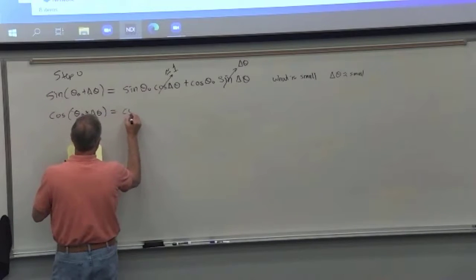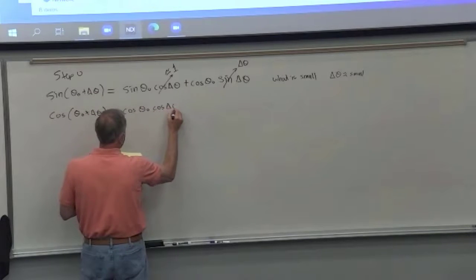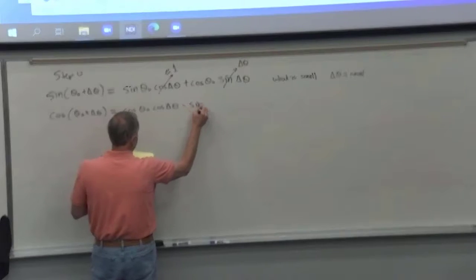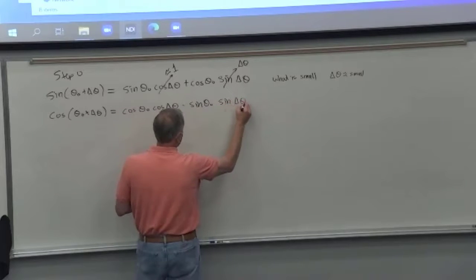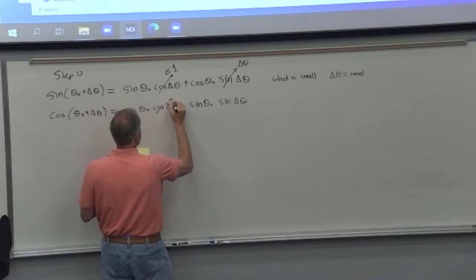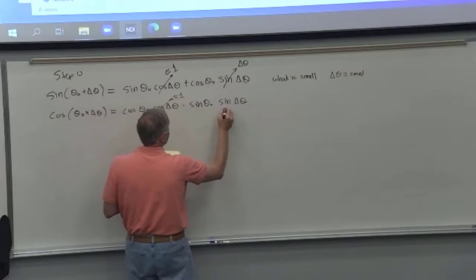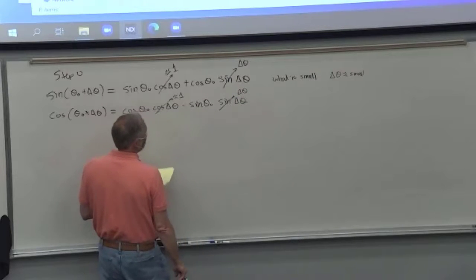And then when we have cosines, there's a double angle formula for that. And again, what's small? Cosine is about 1, and the sine is the angle in radians. So we'll use that.